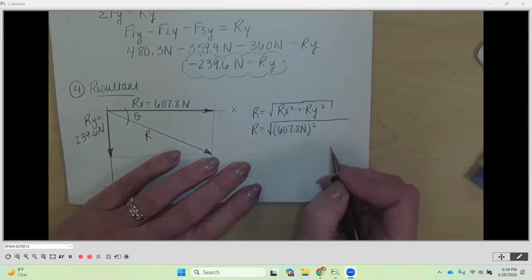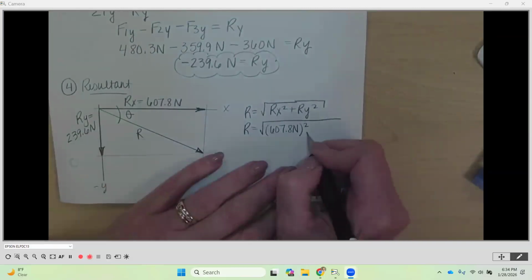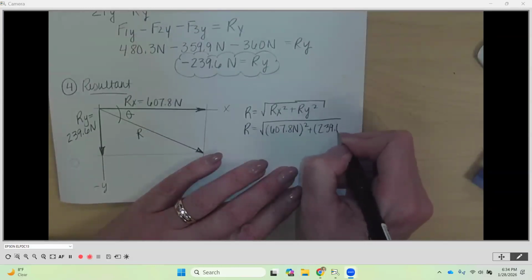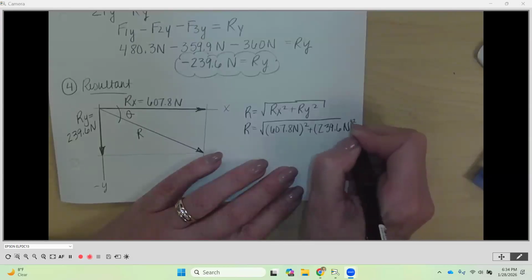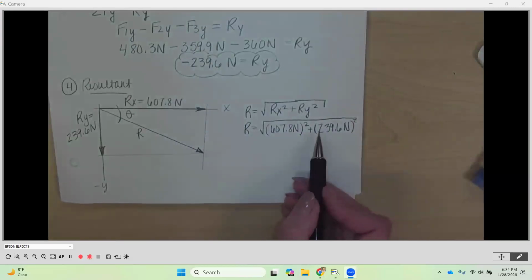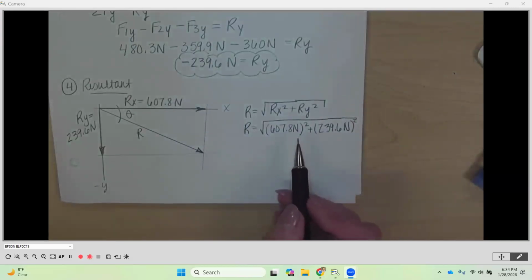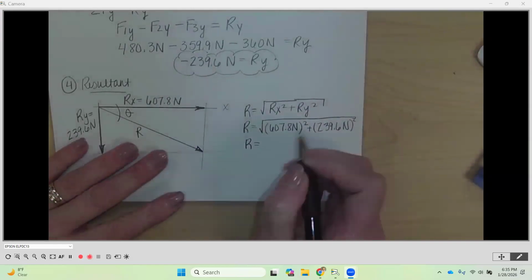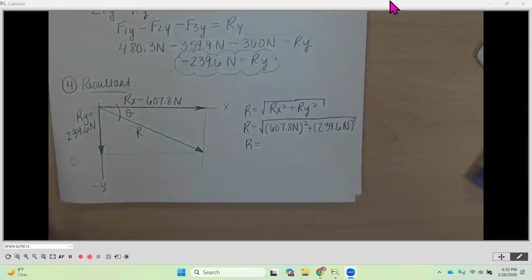Units have to go in underneath the radical, plus 239.6 newtons squared all underneath. Now, you could put the negative in front of the 239, but it's going to square, so it's going to become positive anyway.